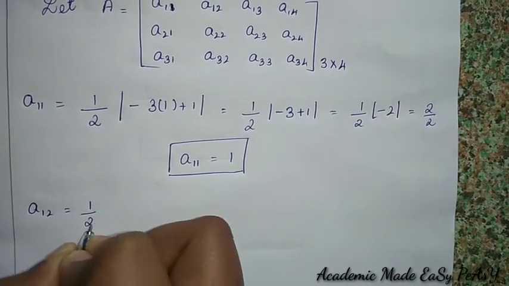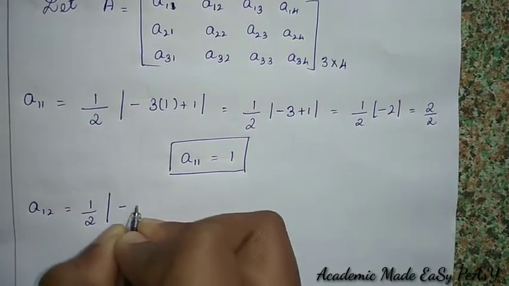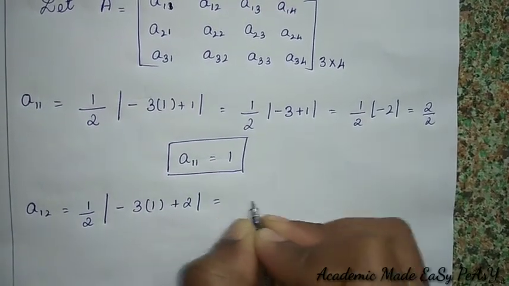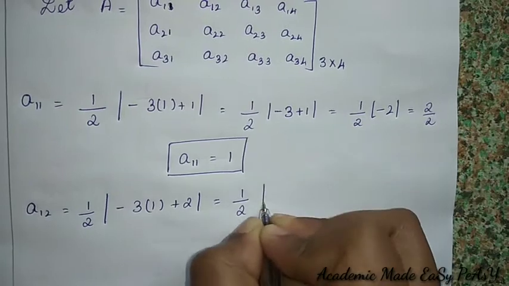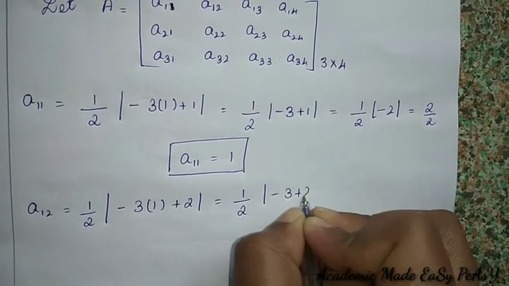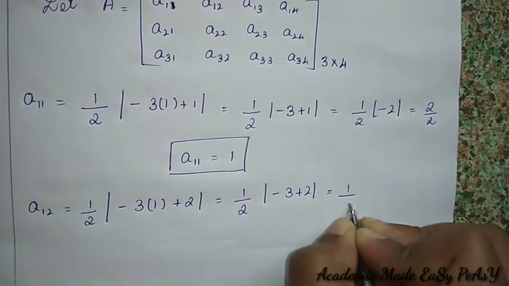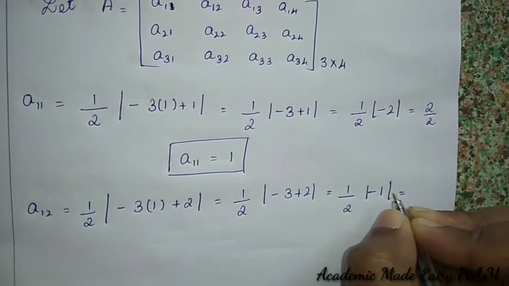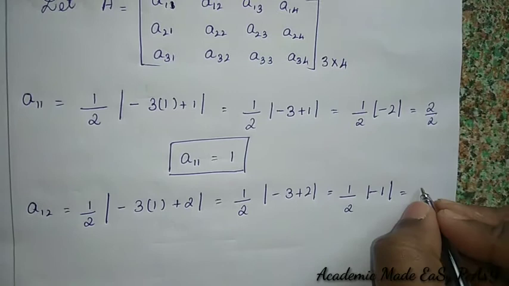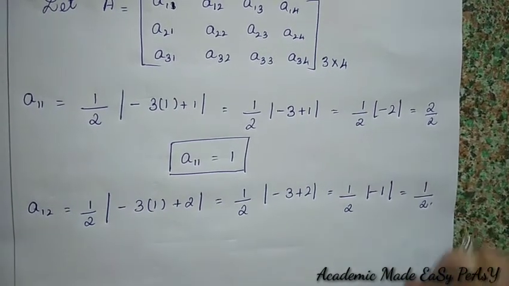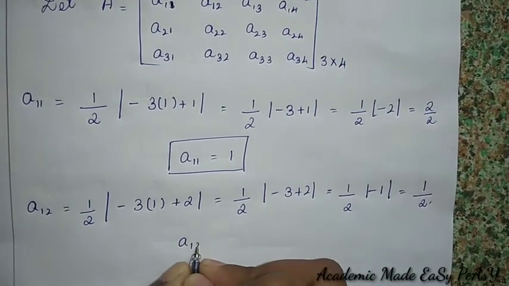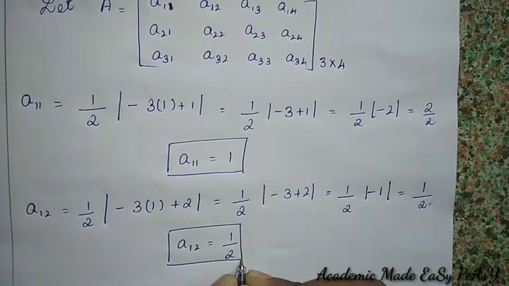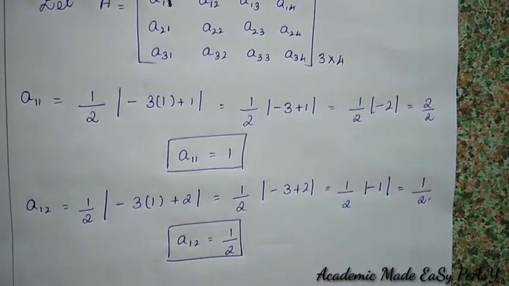So 1 by 2 mod of minus 3 into 1 plus 2, which is equal to 1 by 2 mod of minus 3 plus 2, which is equal to 1 by 2 mod of minus 1. When it comes out of the mod, it will become plus 1 by 2. So therefore A12 is equal to 1 by 2. This is my answer for A12.